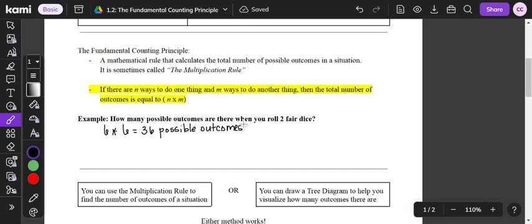Okay, now, what I want you to be careful of here is, yes, you could get a 1, and let's say you could get a 5.